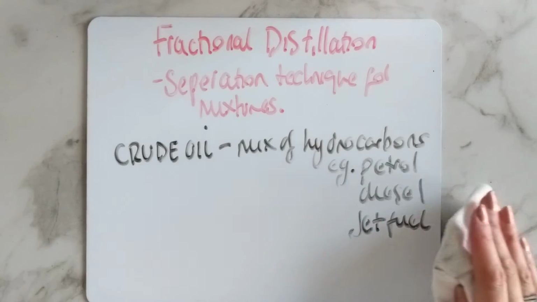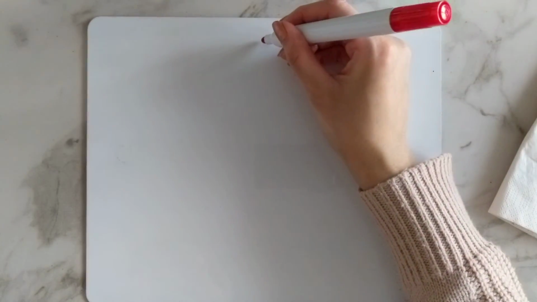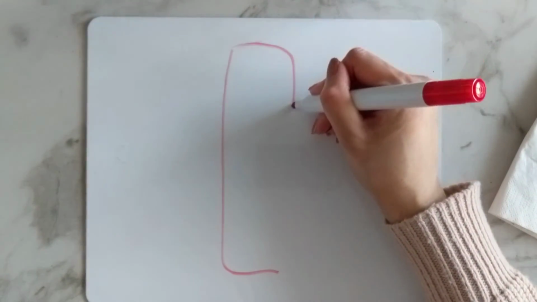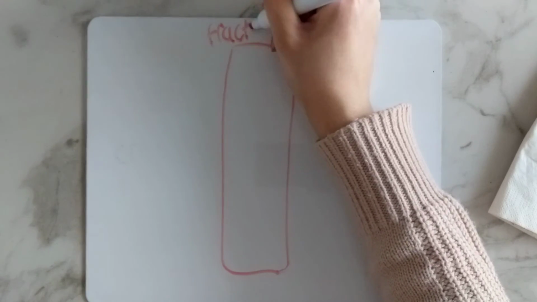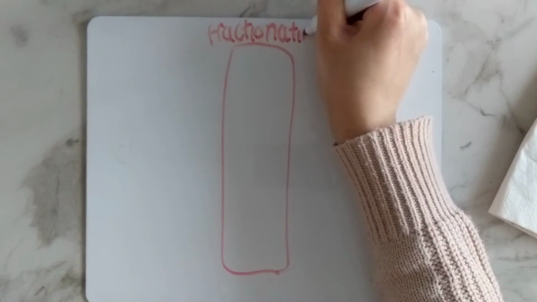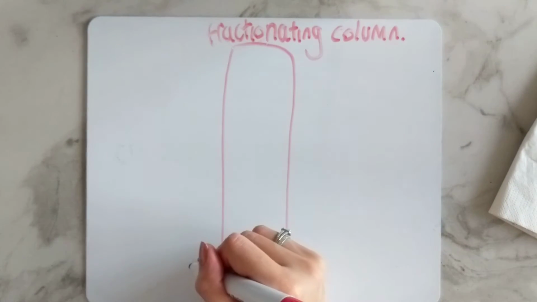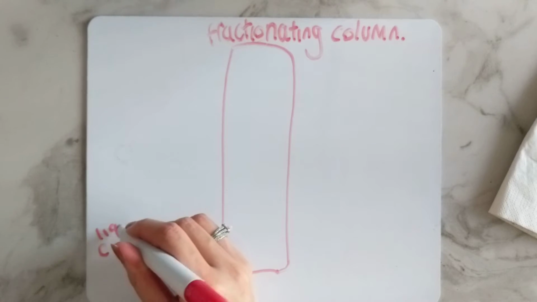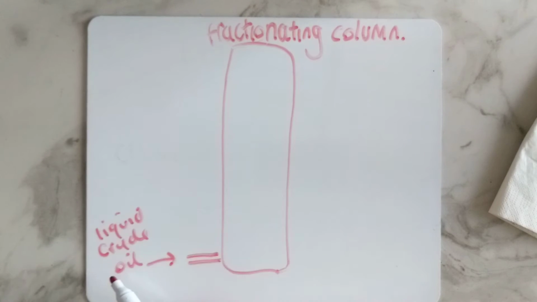So we have to get them separated from the crude oil. I'm going to draw the fractionating column for you, label it and talk you through it. It's just this tall column, called a fractionating column. At the bottom of the column, liquid crude oil is pumped in.